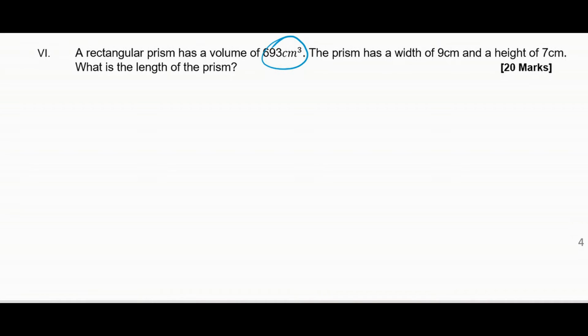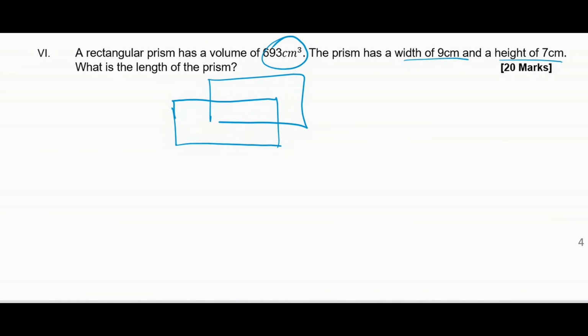What we want to keep in mind is a prism, well, it says the cross section has a width and a height. So we have this and we have this, right? However, it is a prism, it is a 3D shape. So it is asking me to find the length.